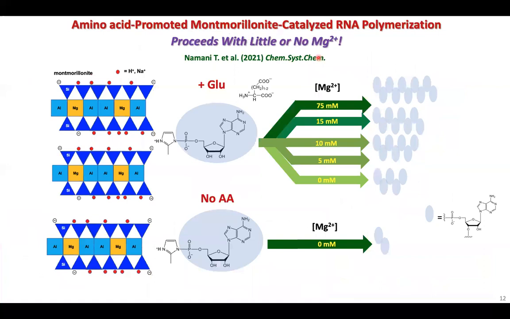Even more interestingly, we said, now let's look at a system where we don't have any magnesium at all. Okay, 0 magnesium, but we have glutamic acid and we have the mineral, and we find indeed we're still getting oligomerization. If you don't have any amino acid with 0 millimolar magnesium, you get nothing.